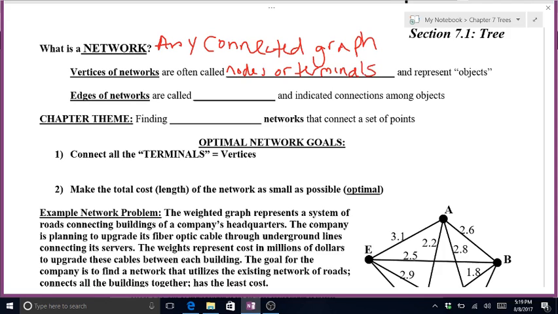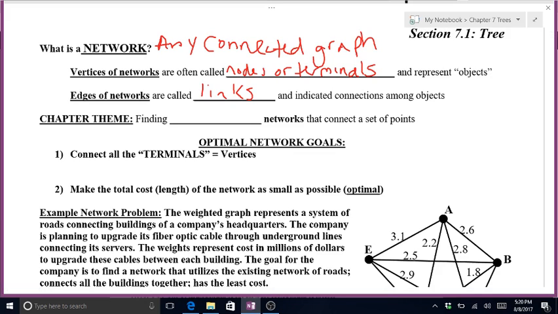And they represent objects. So there has to be something there, like a light pole or a person, okay? The edges of your networks, we now are going to call links. So, all same concept as to what we've been doing, it's just we now have new vocabulary.